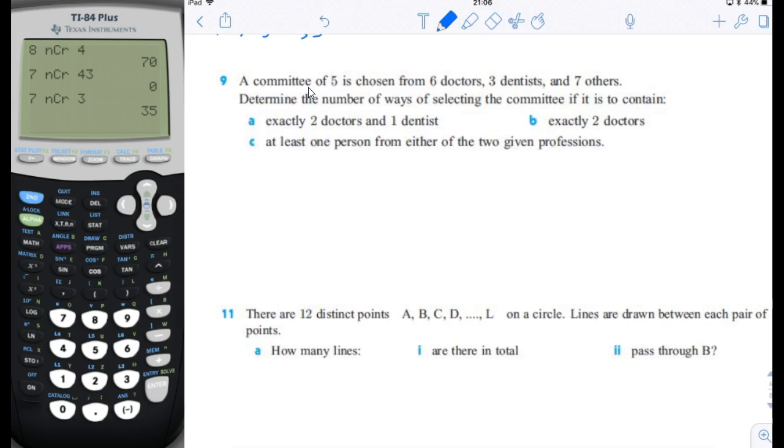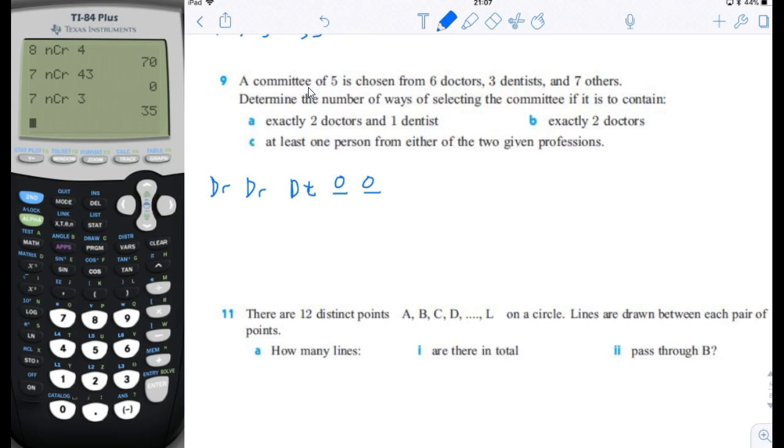And we want 2 doctors and 1 dentist, and then 2 don't care. But they cannot be doctors or dentists, these last 2, so that means they have to be others.